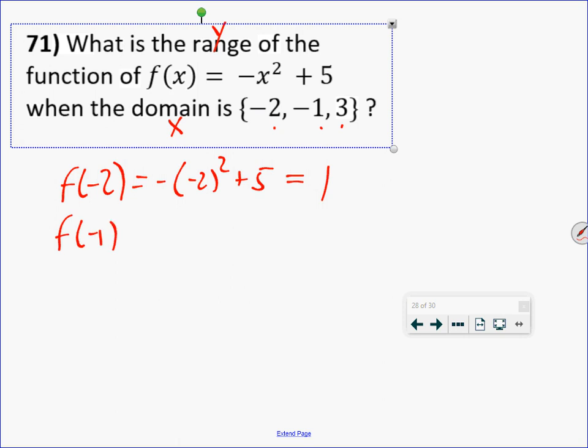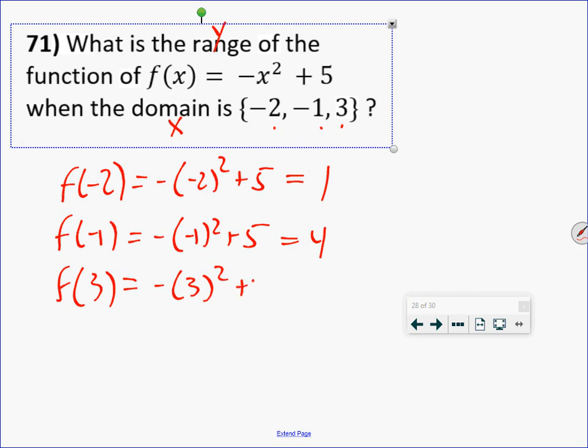F of negative 1 equals negative 1 squared plus 5, and that will be 4. And then f of 3 equals negative 3 squared plus 5 will be negative 4. And so my range is negative 4, 1, 4, because we always put our numbers in order from least to greatest.